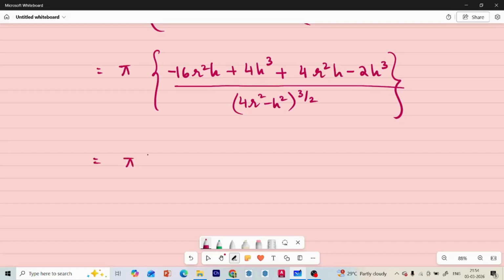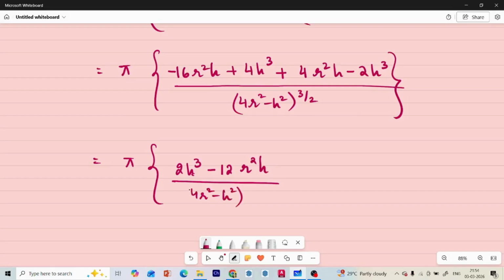So this is equal to pi into 4h cube minus 2h cube, that is plus 2h cube. Okay, minus 16r square h plus 4r square h, how much is that, nanna? It is minus 12r square h, by 4r square minus h square power 3/2.